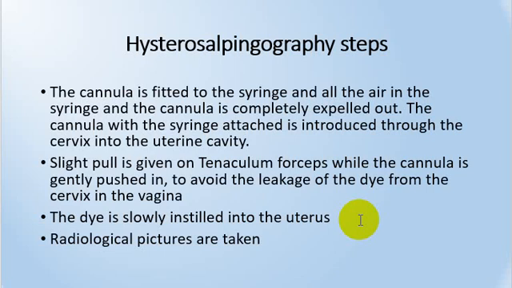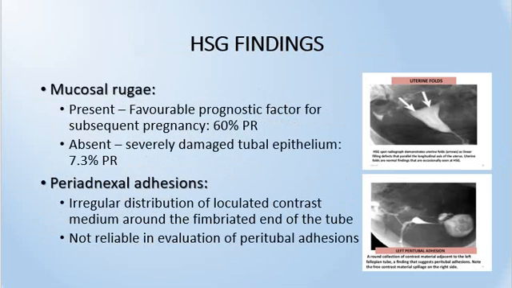Slight pull is given on the tenaculum forceps towards oneself, while the cannula is gently pushed, so they are in opposite directions. This avoids leakage of the dye from the cervix into the vagina. Once the position is attained, the dye is slowly instilled into the uterus, and fluoroscopic pictures are taken, or X-ray films are taken directly.